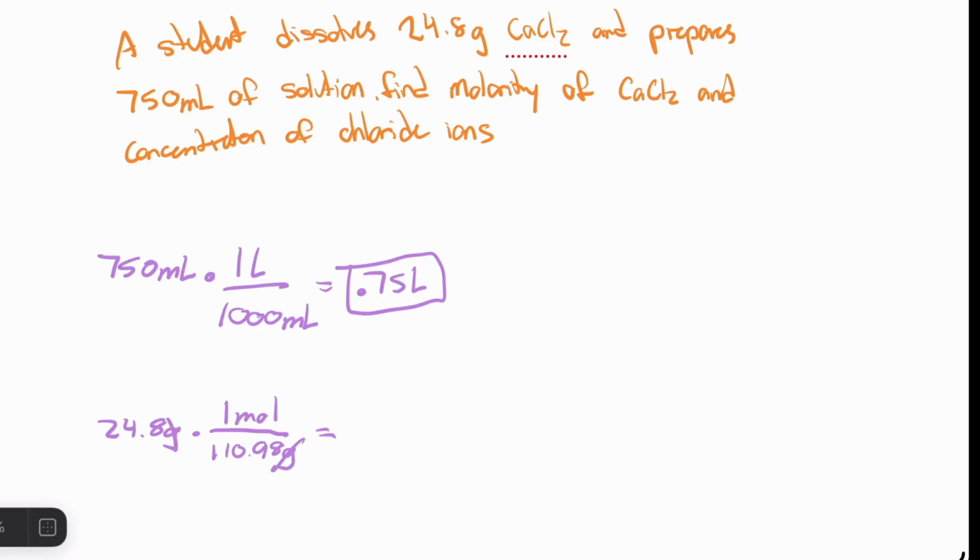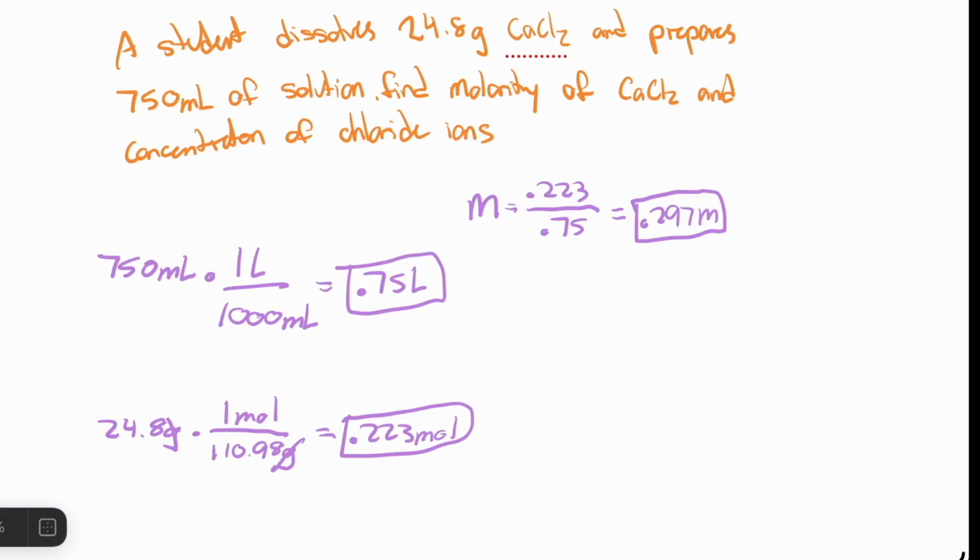This will give us an answer of 0.223 moles. So after these conversions, we have the correct terms to plug into our molarity equation. Capital M, again, is equal to moles over volume. So 0.223 moles divided by 0.75 liters gives us a molarity of 0.297 molar. That's the first part of this question.